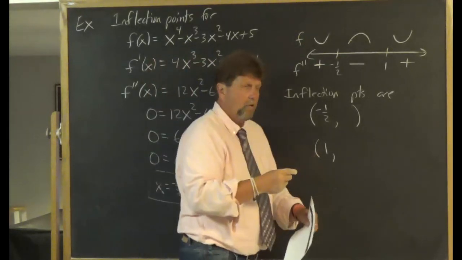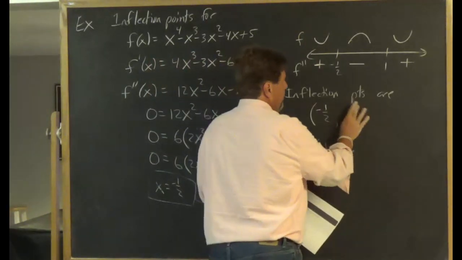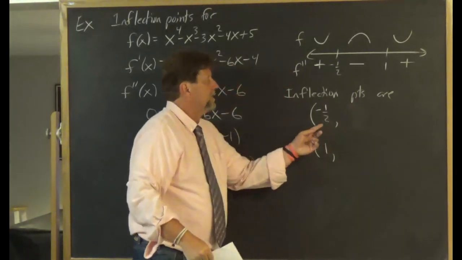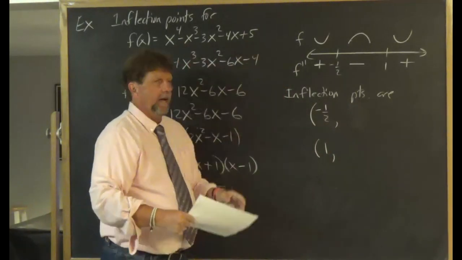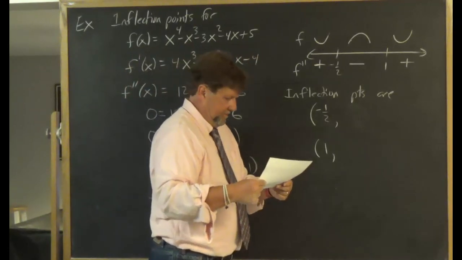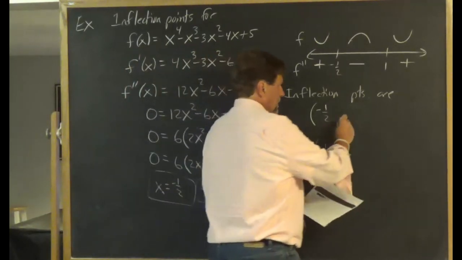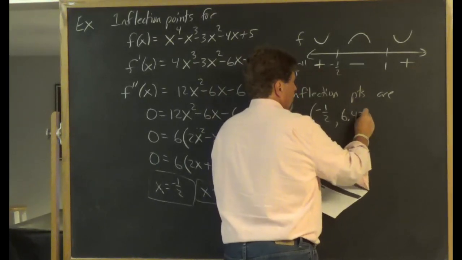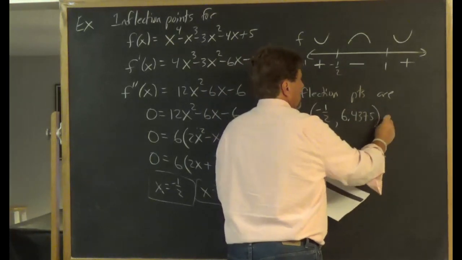And we need to find the y-coordinates. So if I put in -1/2, remember I have to go back to the function. I have to toss -1/2 back in here for the x. As a decimal, you would get 6.4375.